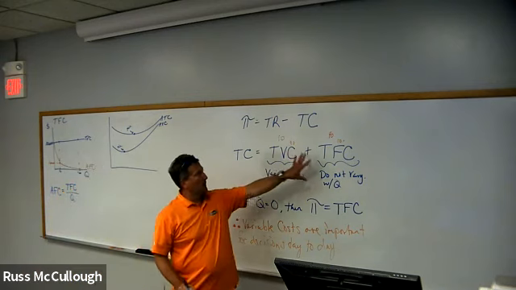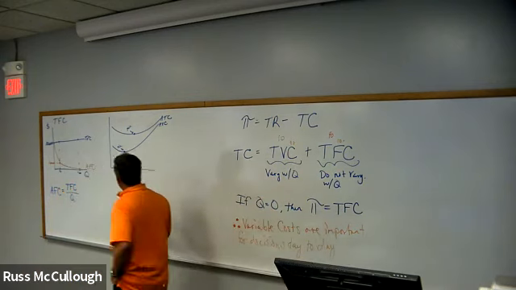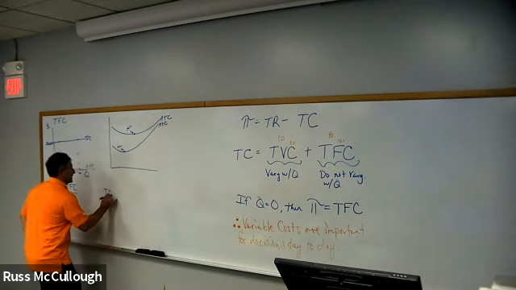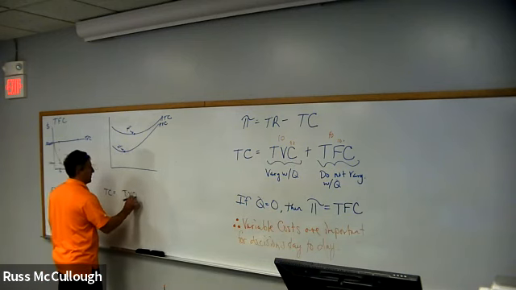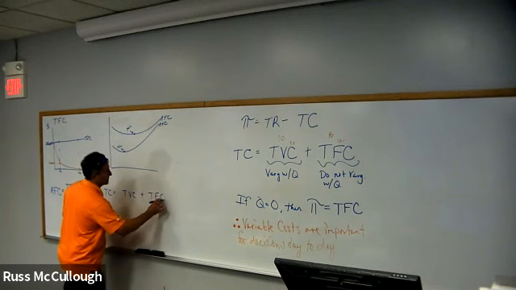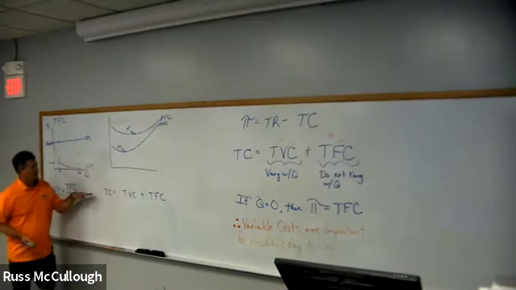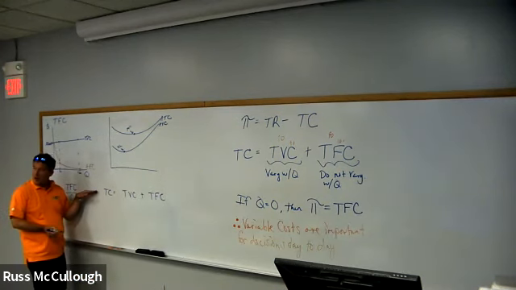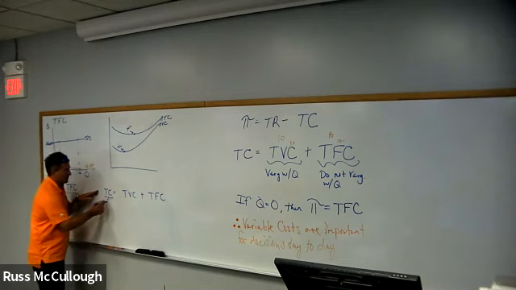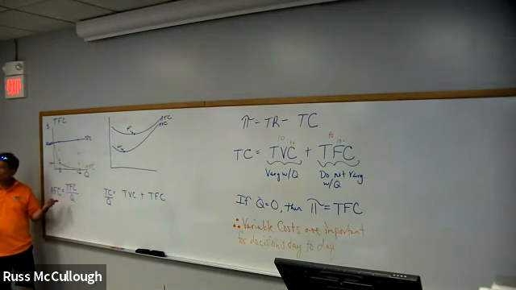So all we're really doing, if we come back to this equation that I did, total cost equals total variable cost plus total fixed cost. If I want average total cost, I just divide by Q, just like what we did here for the average, right?